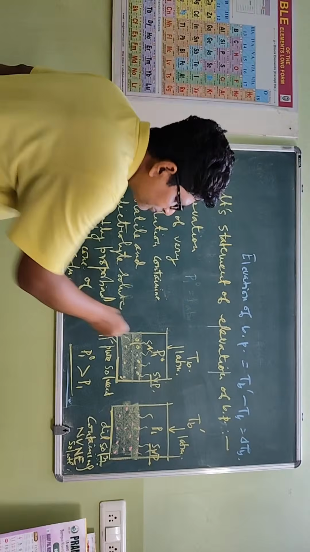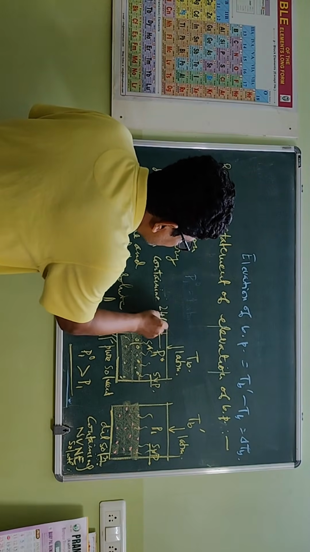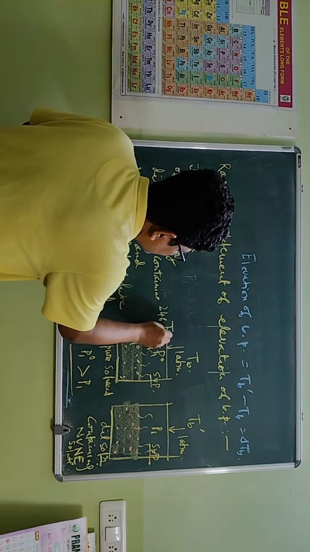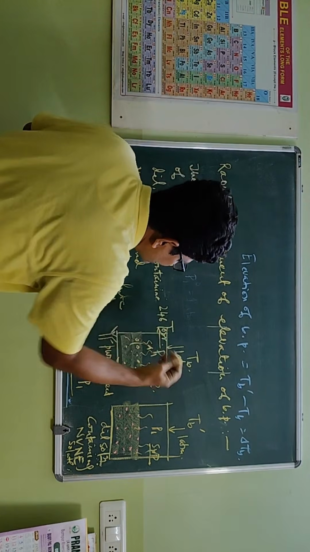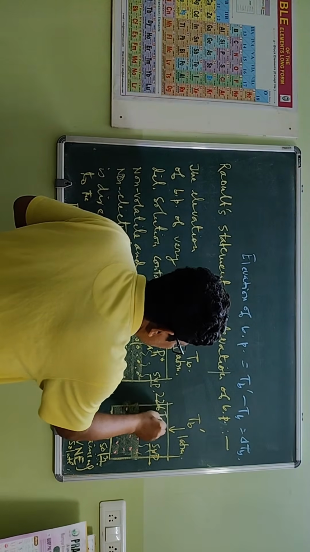Suppose its value is initially 246 torr, and the other value is 226 torr.